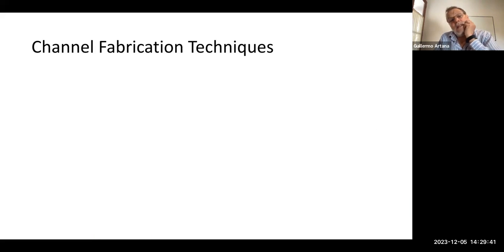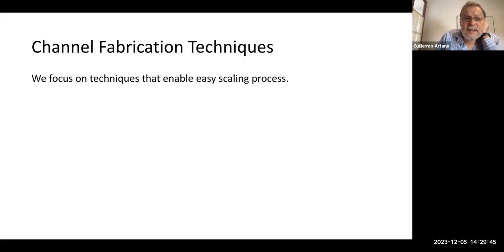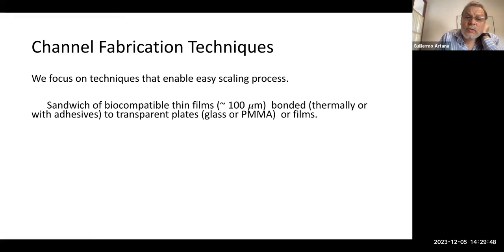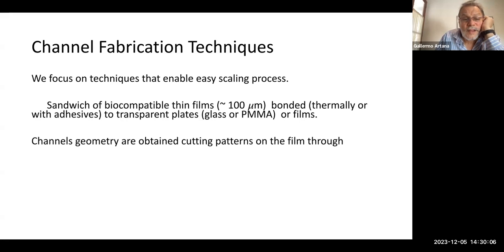Concerning channel fabrication techniques, we use very simple techniques. We make a sandwich with biocompatible thin films that are of the order of 100 micrometers, and we bond them thermally or with adhesives to transparent plates that can be glass or PMMA, or also films. The channel geometry is obtained by cutting patterns on the film through xerography.